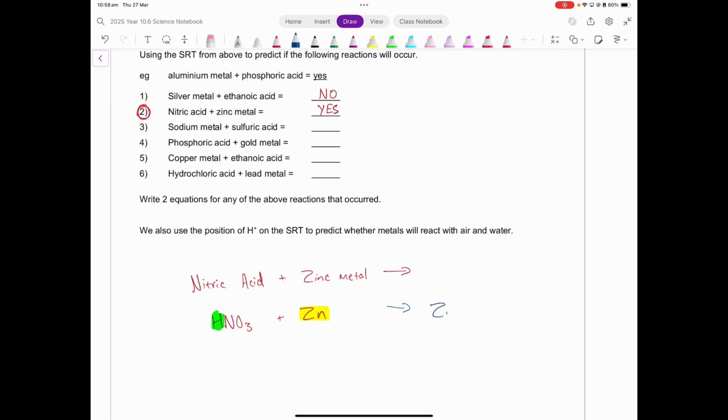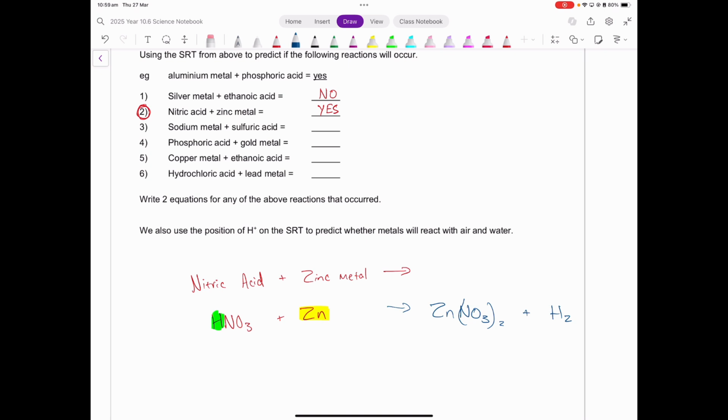It is going to produce zinc nitrate. What's the charge on zinc? +2. So I need to put 2 brackets around my nitrate like that to make sure everything equals 0. And what am I going to be left with on the side of this reaction? Hydrogen. Now, hydrogen, we've had it as an ion previously, and when it's not an ion, it's going to be in the form of H2, which is hydrogen gas.